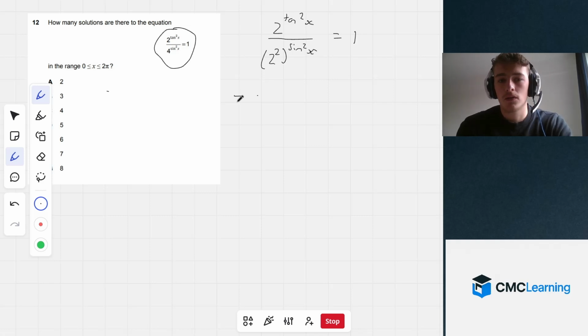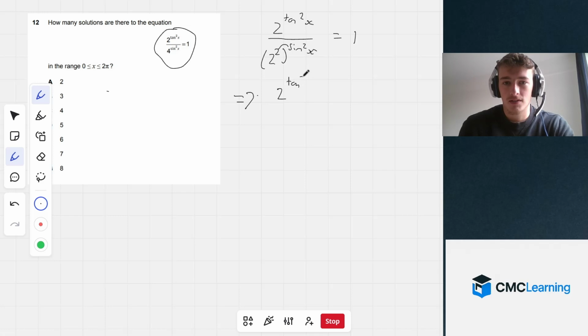Then we can use index laws, so the 2 gets multiplied by this, and we have 2 to the tan squared x over 2 to the 2 times sine squared x equals 1.